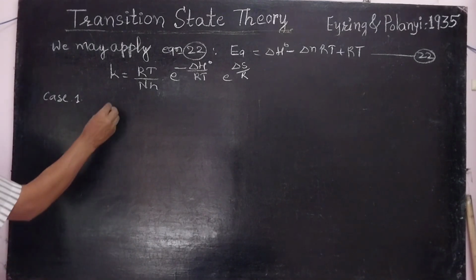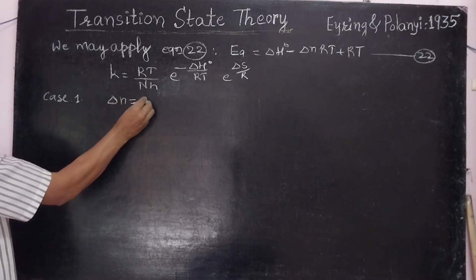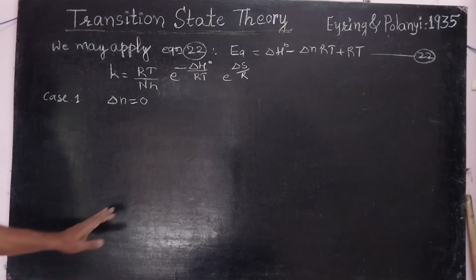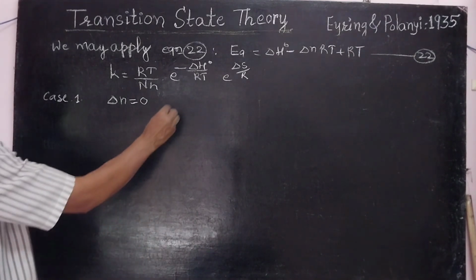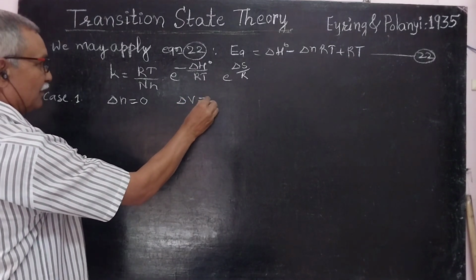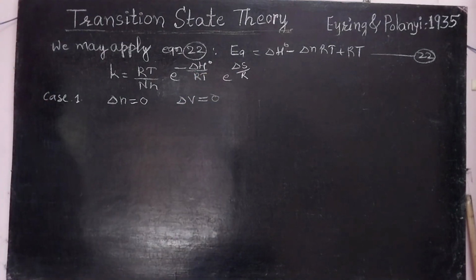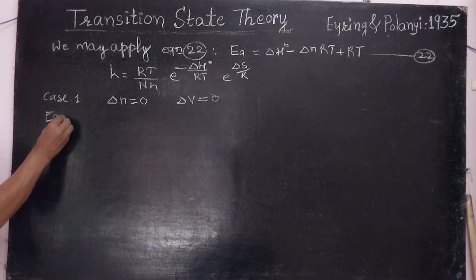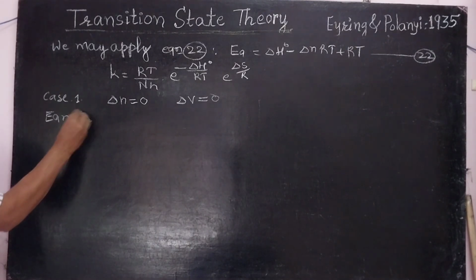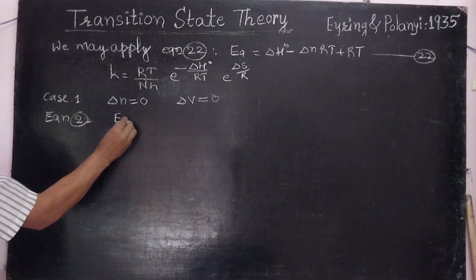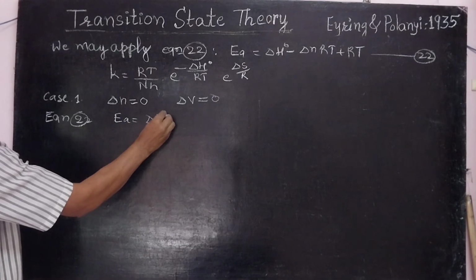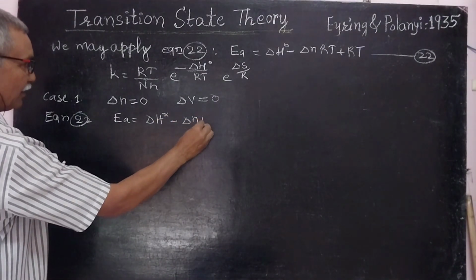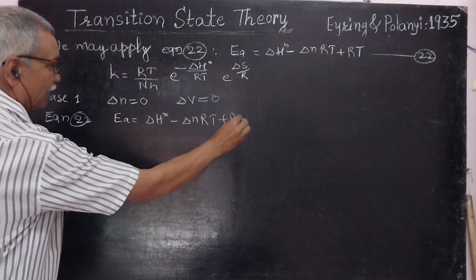Now, case 1: delta N equal to 0, which means the number of gaseous reactant molecules equals the number of gaseous product molecules, so delta V is also equal to 0. Now, in equation 22, we get EA equal to delta H star minus delta N into RT plus RT.